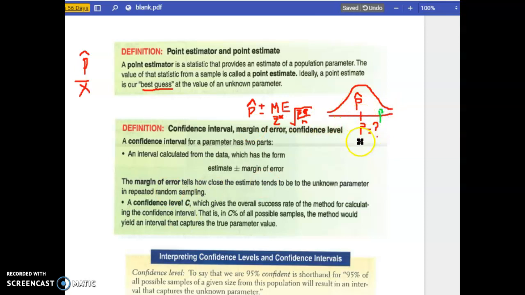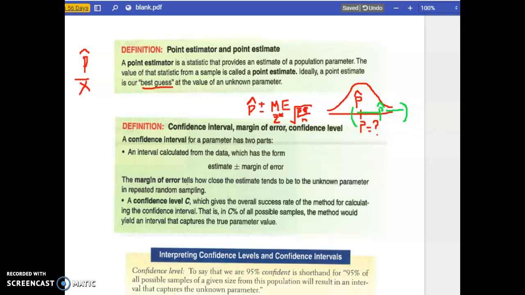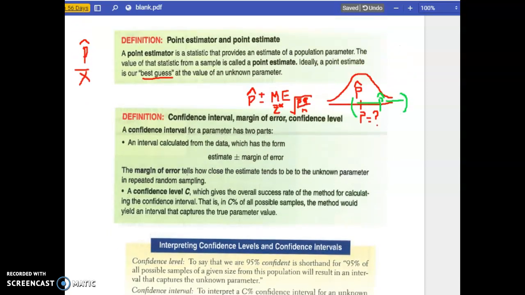This question mark is some existing population proportion, but I don't know it, and the best thing I can do is find this p-hat and create a range of values to try to capture that p. So if I add a margin of error and subtract it, I get values between these green parentheses. That's my confidence interval, and this one happened to capture the true population parameter. It won't always capture it.